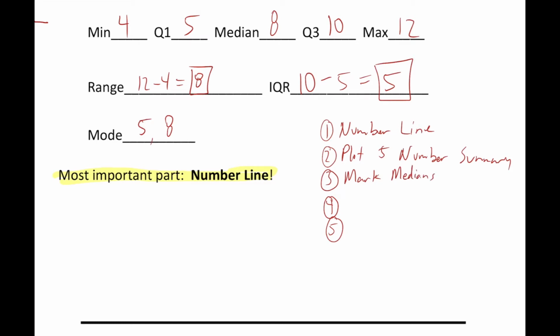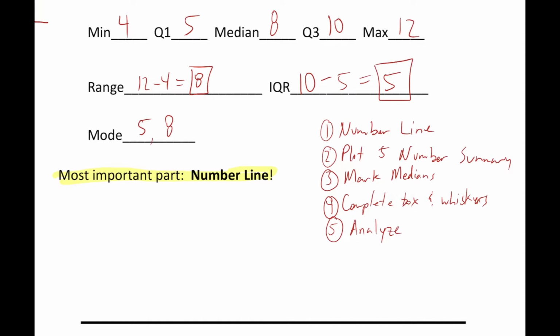The 4th step is I'm going to complete my box and add the whiskers. And then I didn't do all this just for fun. I did it for a purpose. I want to look at it and get some information from it. So we want to analyze for our last step.